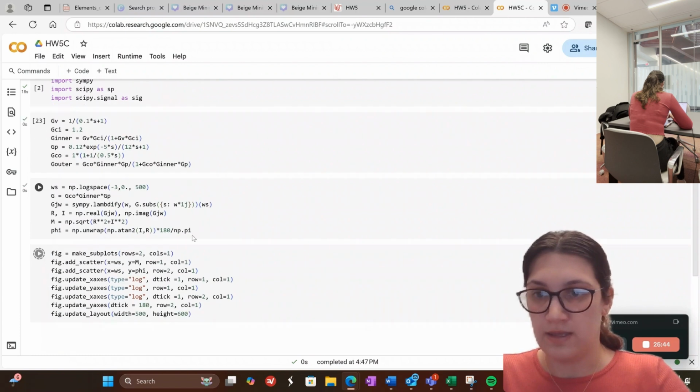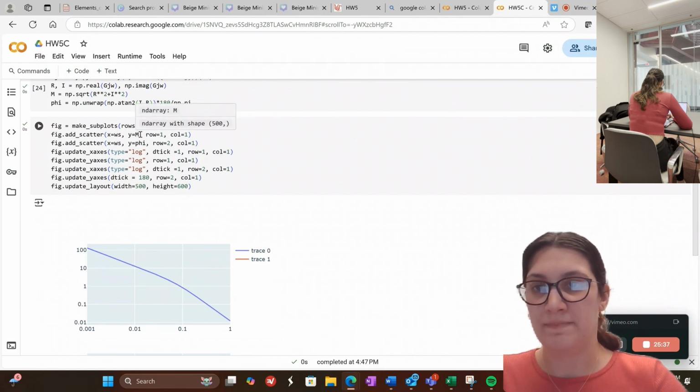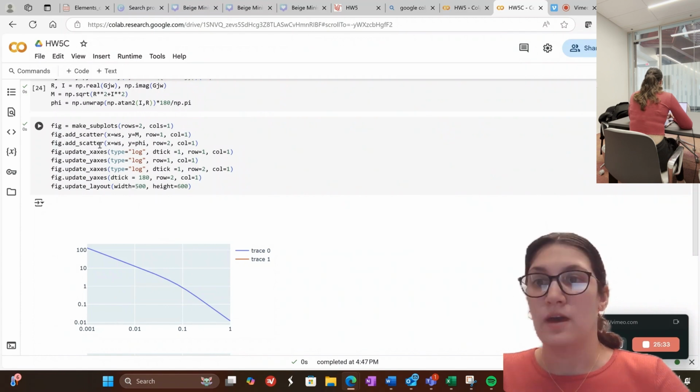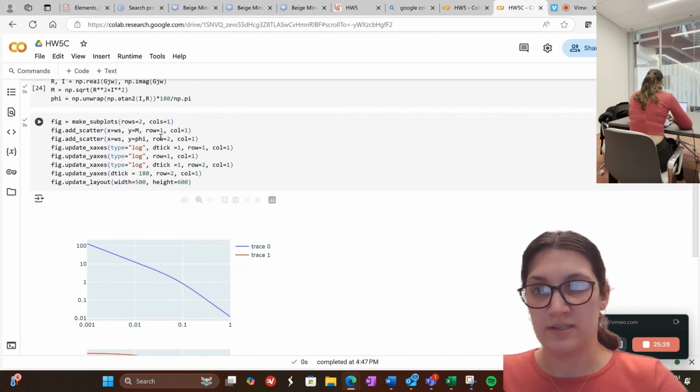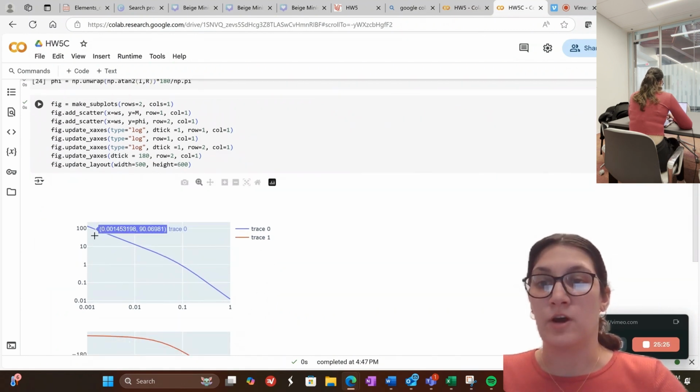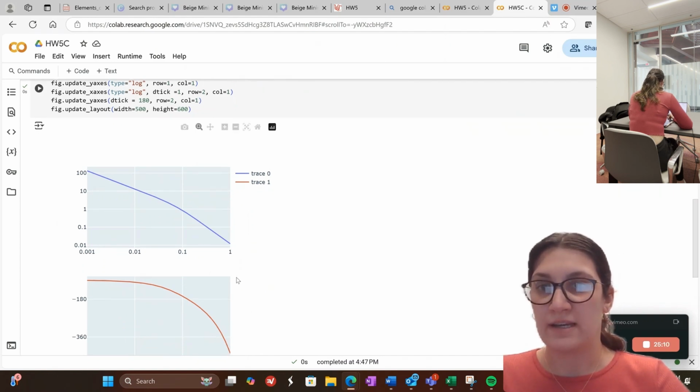Again, this was just having two subplots. For our first, x and y are our omega values and our magnitudes. Our x and y for our second diagram are our omegas and our phi values. For our top graph, we're on the log scale for both the x and y. On our bottom one, we're on the log scale just for the x, and we're in degrees and a linear scale on our y-axis.